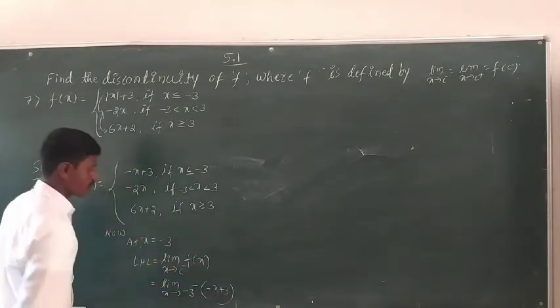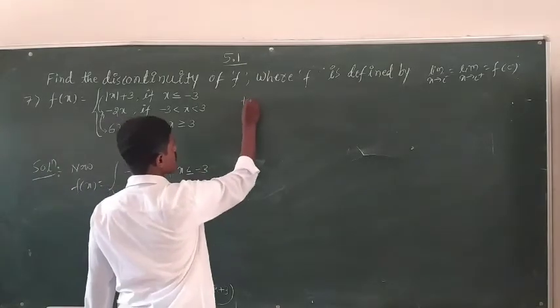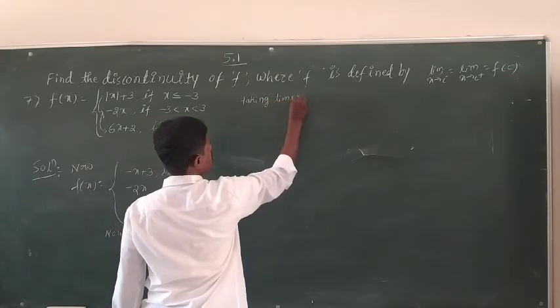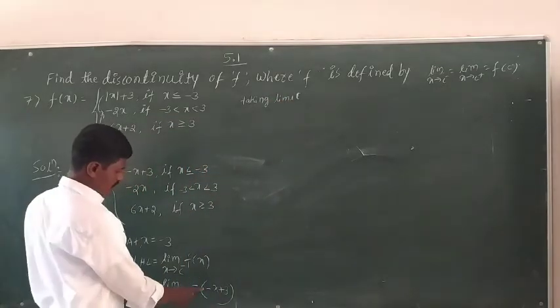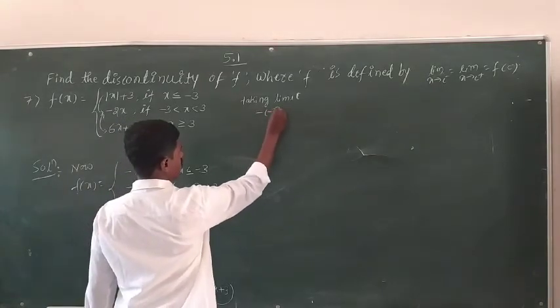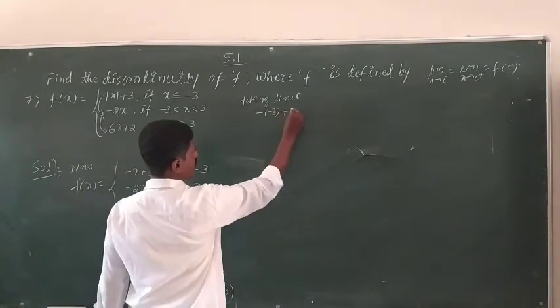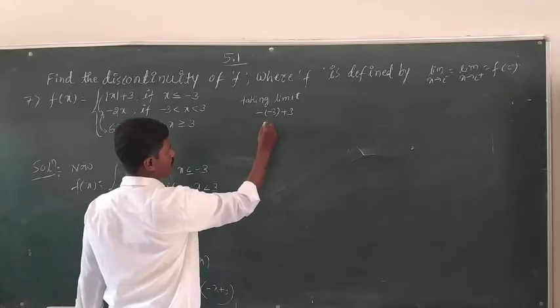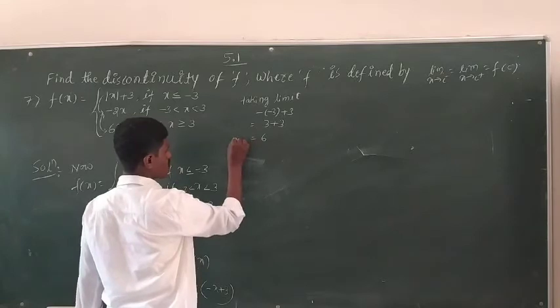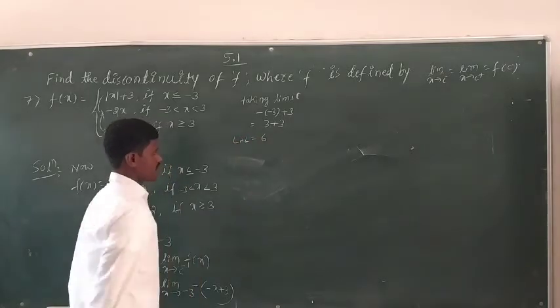Taking the limit, we put x equals minus 3: minus of minus 3 plus 3, that is 3 plus 3, which equals 6. So our LHL is 6.